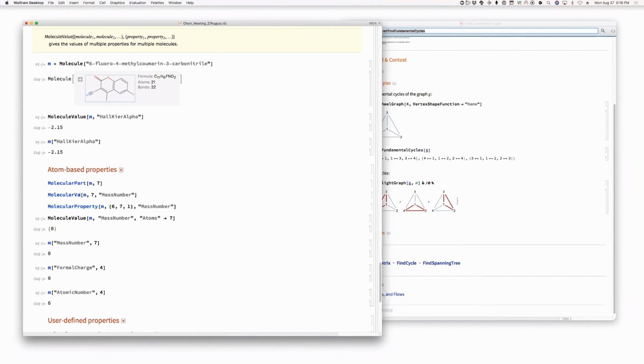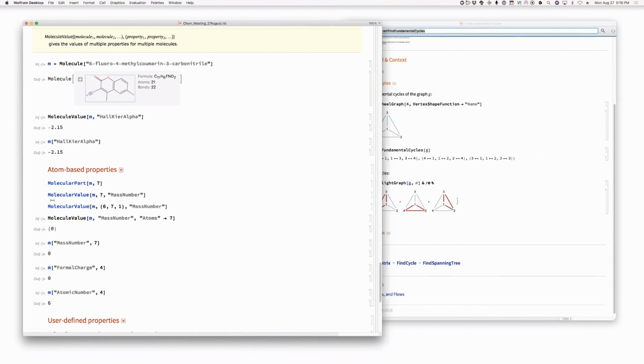Okay, I'm changing my mind about what that should be called. Let's say it's called molecular value. And then there's the question of listability of that second argument. And then also, does the part specification go in the second argument? Because oftentimes you're going to be calling molecular value M and then just a property name.